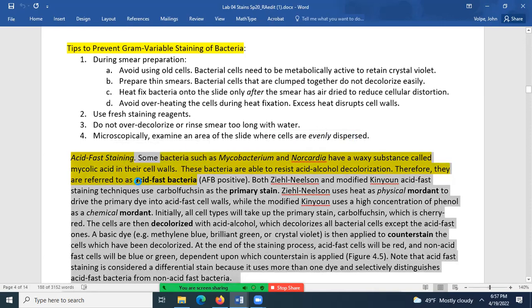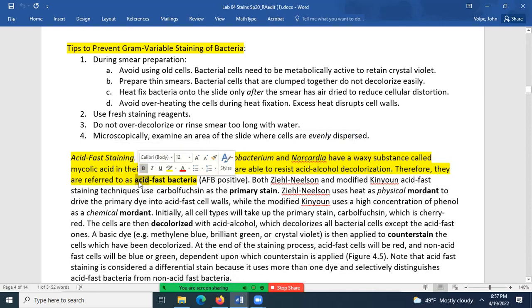And the mycolic acid prevents water-based substances from going into the cell. And the Gram stain is water soluble, so it doesn't stain the cells as well. These cells take up the acid-fast stain, so we call them acid-fast bacteria.